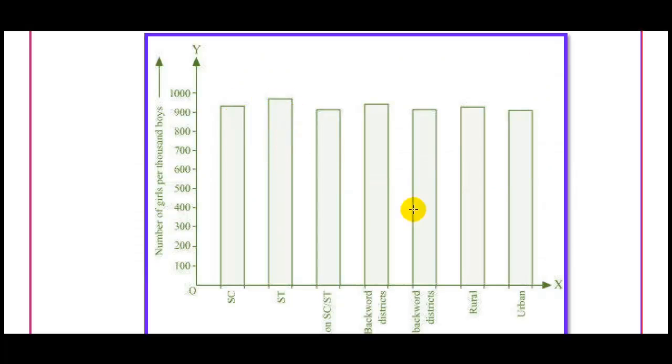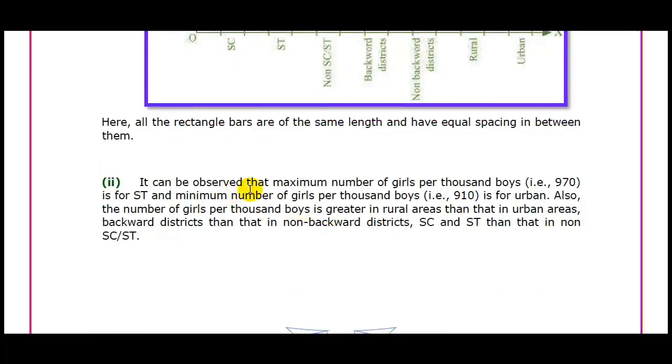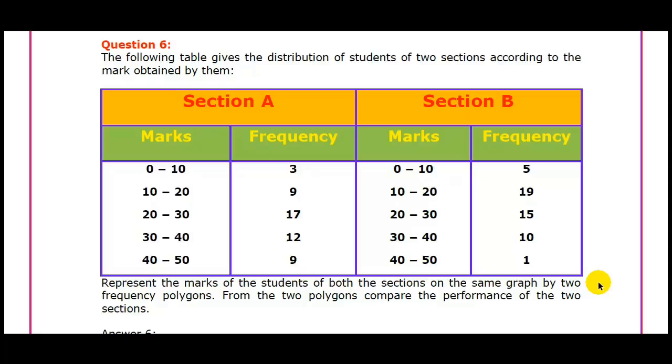So SD has the maximum number of girls per thousand boys, and the minimum number of girls per thousand boys there is 900. There is for urban. Also, the number of girls per thousand boys is greater in rural areas than there in urban areas. Backward district and then in non-backward district, SCSD and then in the non-SCSD.